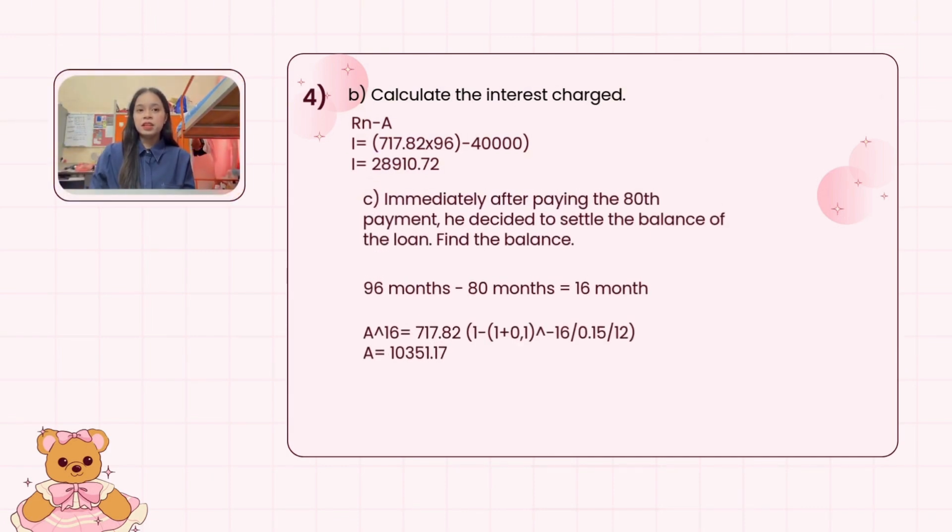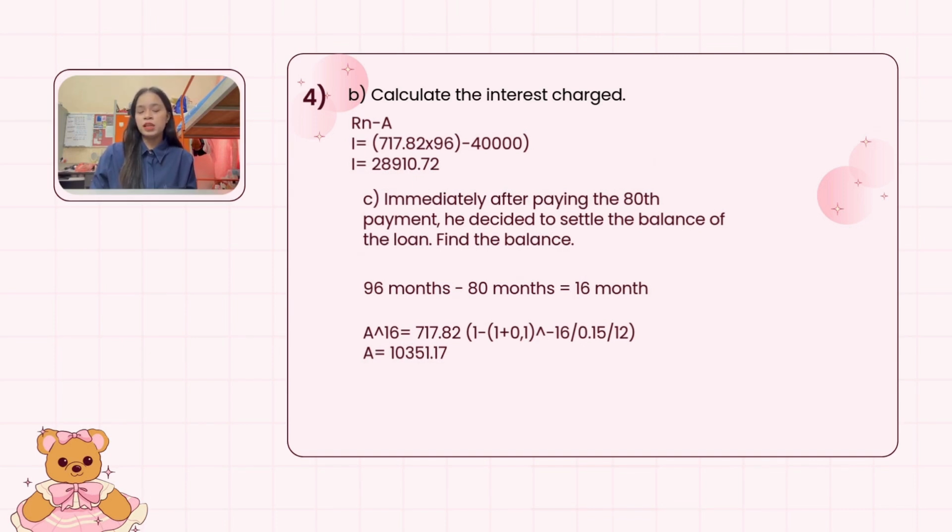C. Immediately after paying the 80th payment, he decides to settle the balance of the loan. Find the balance. N equals 96 months minus 80 months, equal to 16 months.